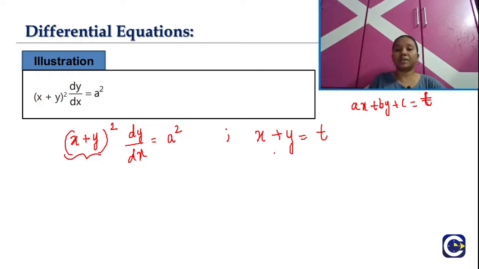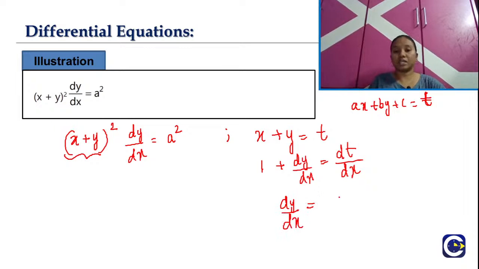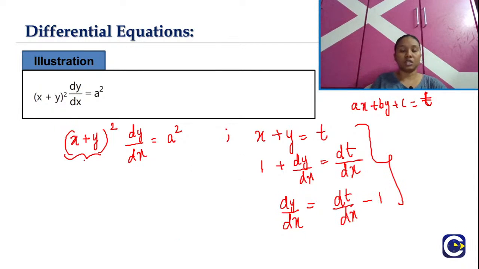So, the next step will be differentiating this. So, here 1 plus dy by dx is equal to dt by dx. So, in place of dy by dx, what can we substitute? So, dy by dx can be rewritten as dt by dx minus 1. Now, as we have got our substitutions, let's substitute in our given equation. x plus y whole square.